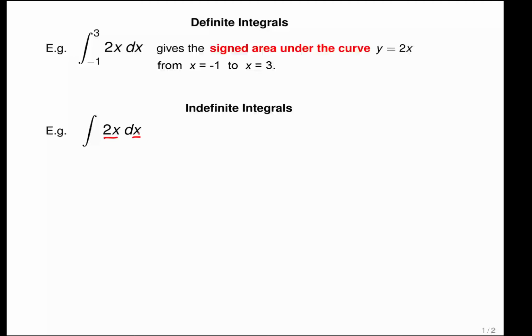Observe that in terms of notation, the difference between a definite and an indefinite integral is that definite integrals have these numbers here, which are called limits, while indefinite integrals do not. Also, with any integral, the function that we're integrating is called the integrand.